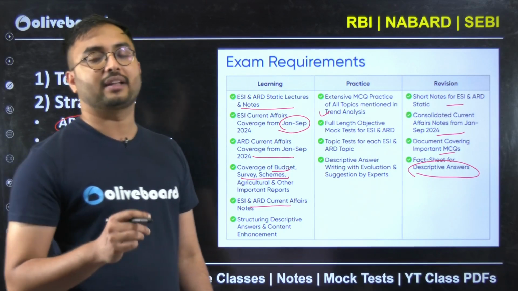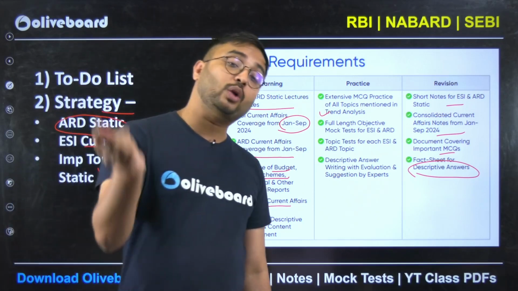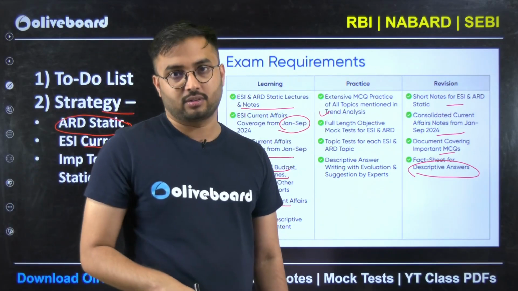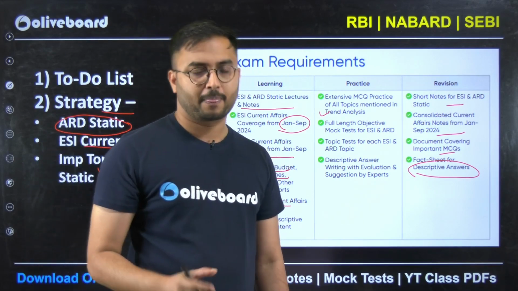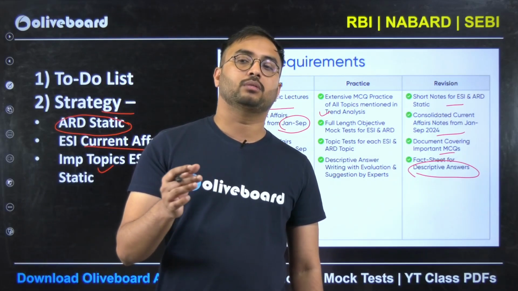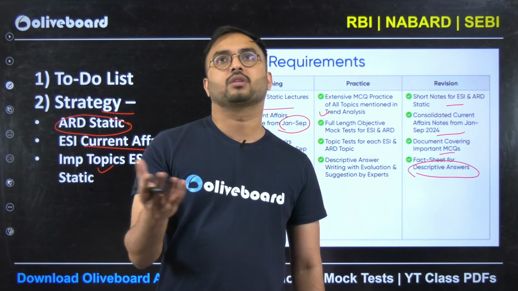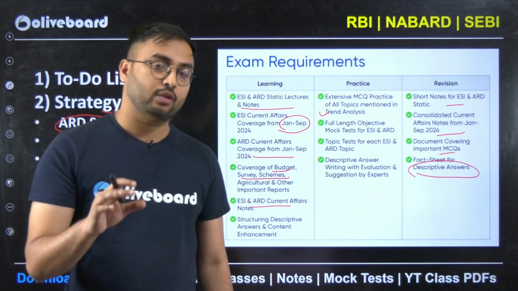sheets in which you can write important details, important facts, important stats, which you are going to use in your answers for your ESI and ARD. For example, suppose a question comes related to institutional credits which are for farmers.